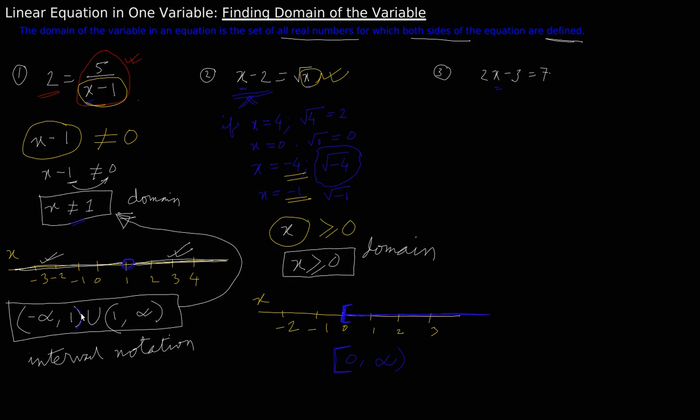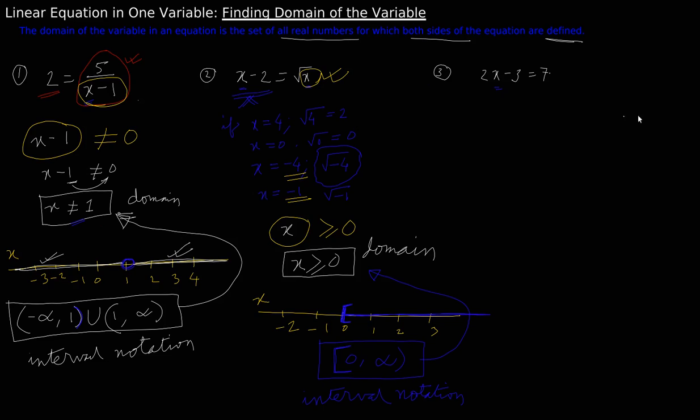A parenthesis means this number 1 is not included in the solution. So this is my domain, the same domain expressed in that manner. Personally we prefer the interval notation. So this is the interval notation, the domain for problem number 2.